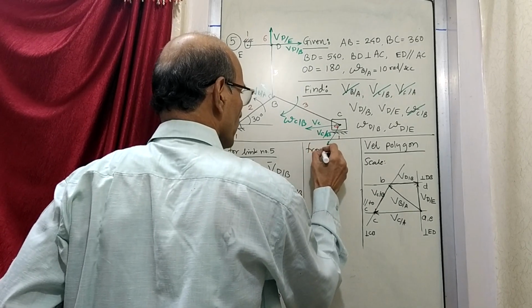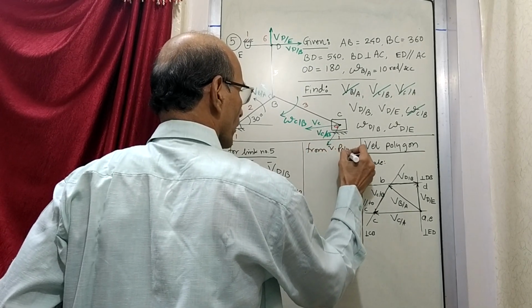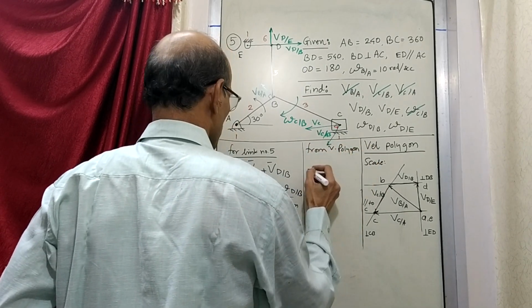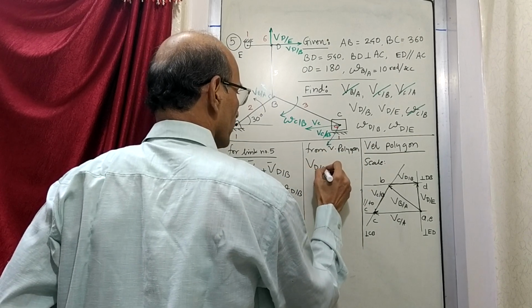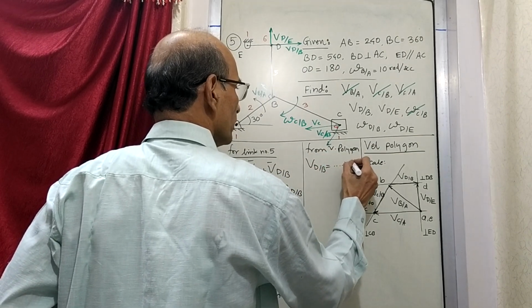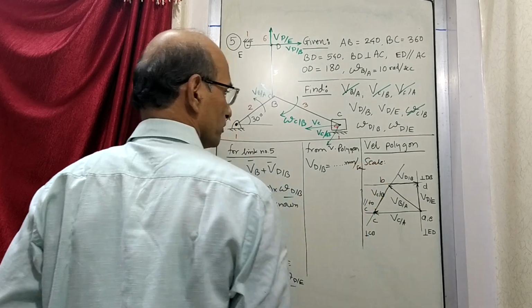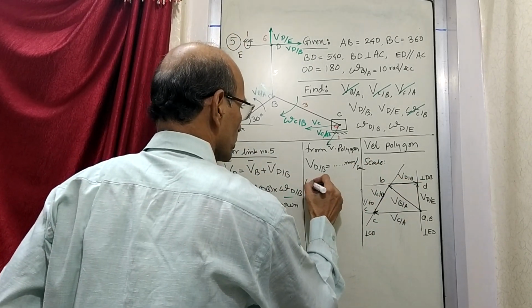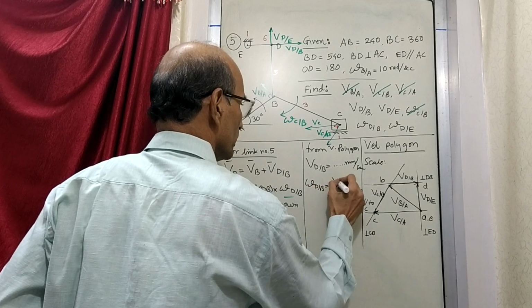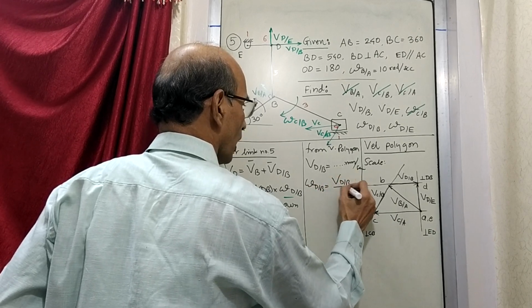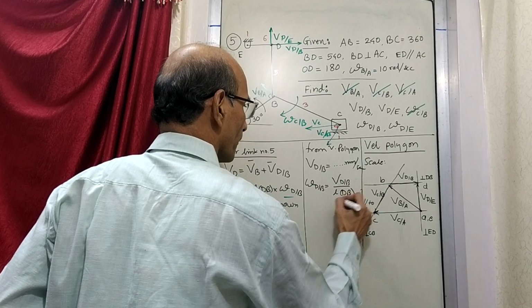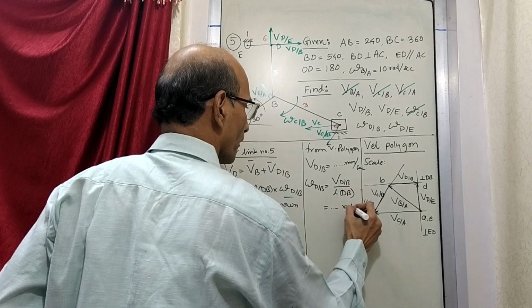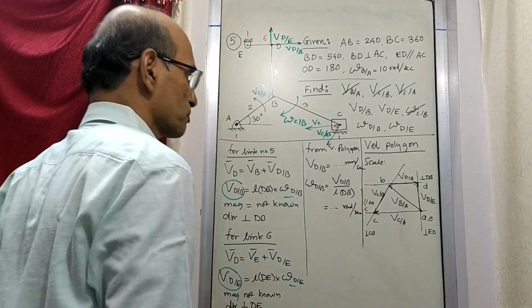So from the velocity polygon, we obtain velocity of D with respect to B in millimeters per second, and angular velocity of D with respect to B is linear velocity upon the length, in radians per second.